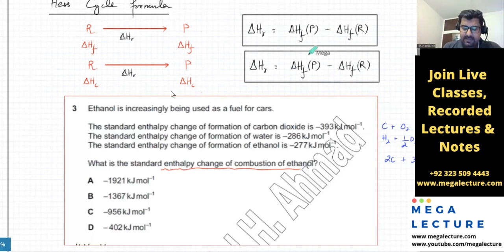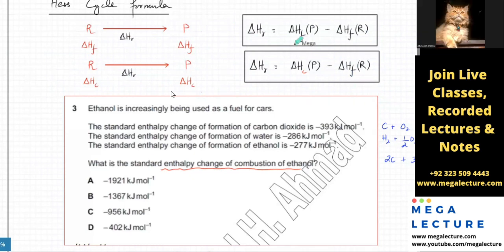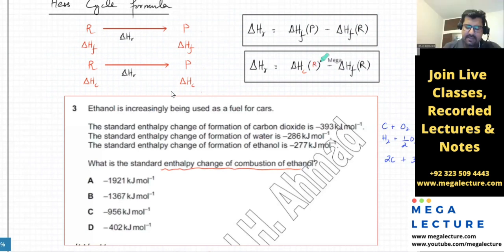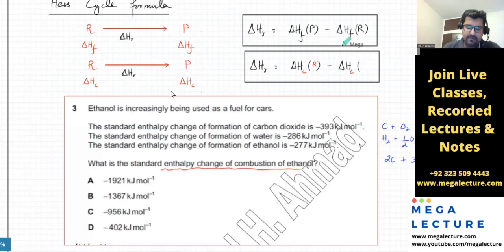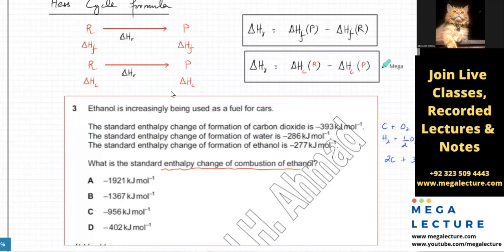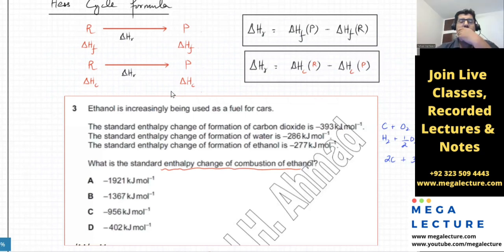Now in that case, the formula is that you take the enthalpy of combustion of your reactants and you subtract them from the enthalpies of combustion of your products. So it's kind of the opposite now.